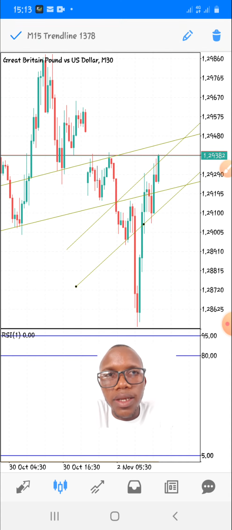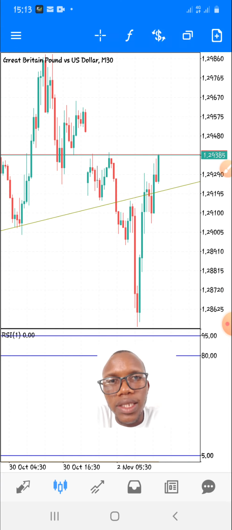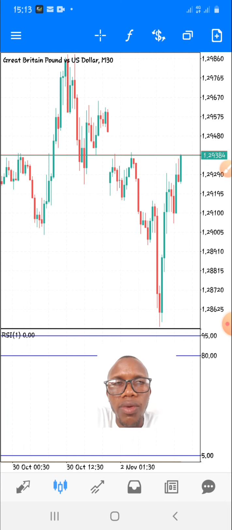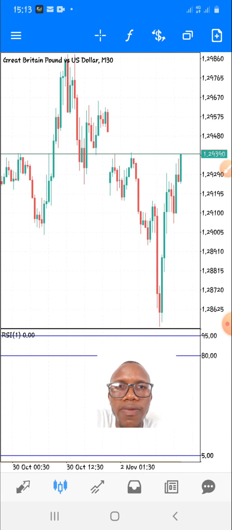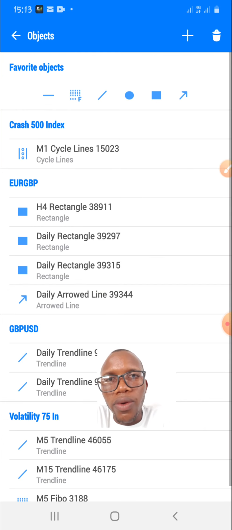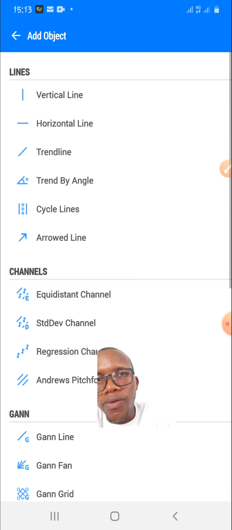Okay, let me remove the lines. Okay, what we will do here, we need to find an entry. How do we find an entry in this case? First of all, we first draw the vertical line.